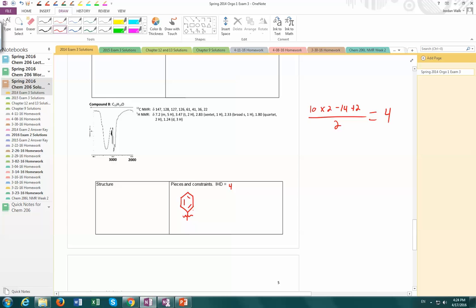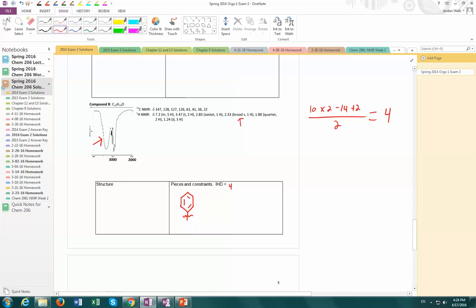Okay, so then, let's see, what else? So here we've got a broad singlet, and furthermore, we have a broad IR peak. OH.